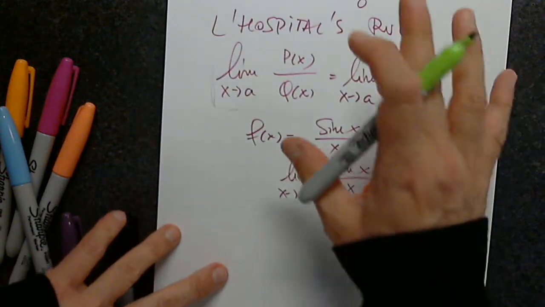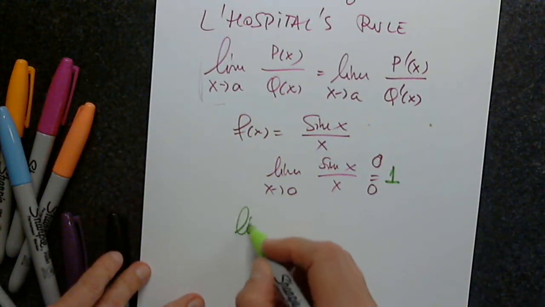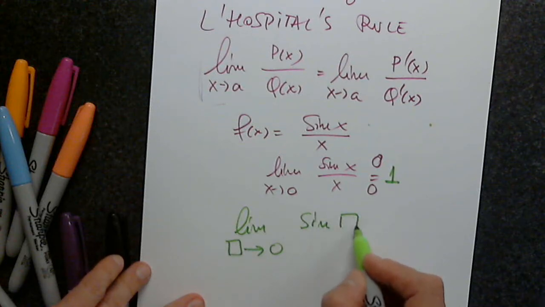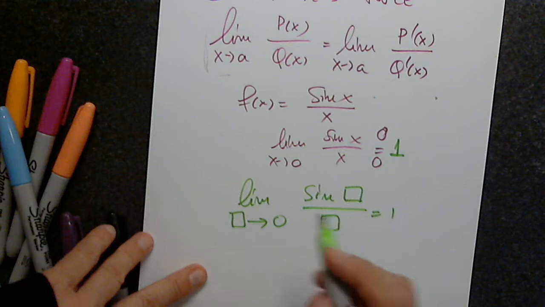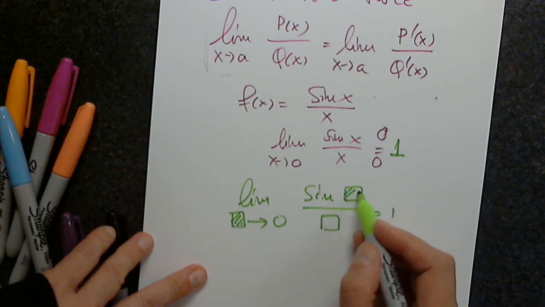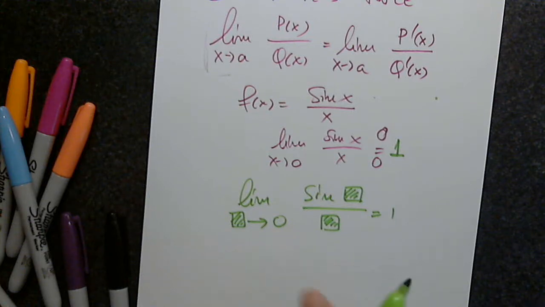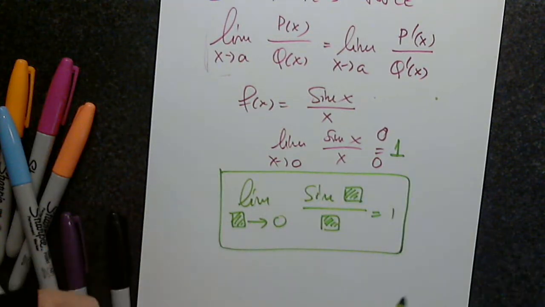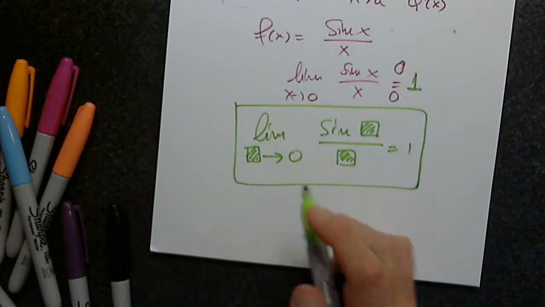But I know I haven't finished. I'll come back. I want you to understand that the limit of sine of something over that same something is always 1, as long as all these quantities are identical and they all approach 0. So here's an example before we go back to our proof.